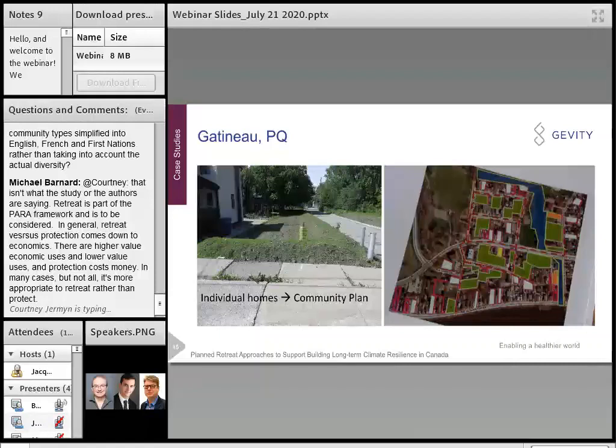The only other thing I'll comment about the Gatineau case study is that about 185 homes have now accepted the buyouts and have been demolished, leaving empty lots that look exactly like what's on your screen. There's now the start of a community plan to take all of these individual relocation choices and turn that into a more community-driven plan.